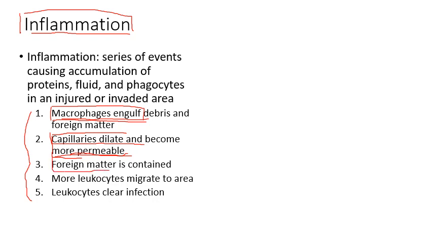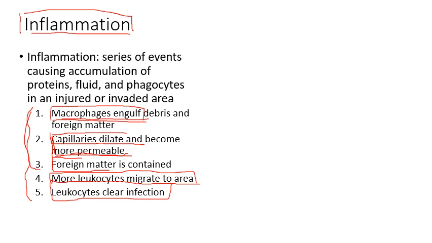Because these capillaries are more permeable, more leukocytes can migrate to the area. They're going to have this chemical trail that recruits these leukocytes to migrate out to the area of infection. Right? And then finally the leukocytes can come through and clear the infection, and then we can remove the inflammation.